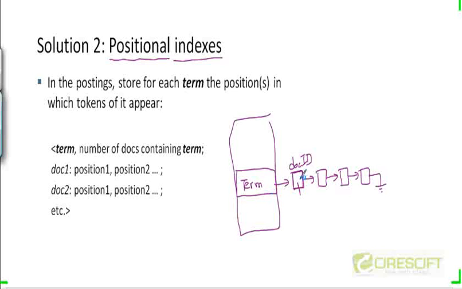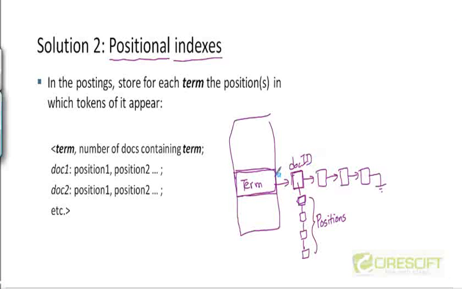So far, every entry in the postings list was a single integer, which was a doc ID, and of course, a pointer to the next node in the list. Now you can think of each posting not only recording the doc ID, but also having another list inside it, a second level list, which will record the positions at which this term occurs in this document.